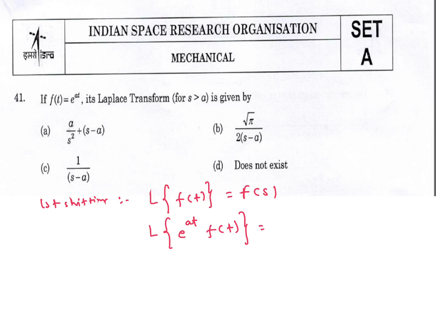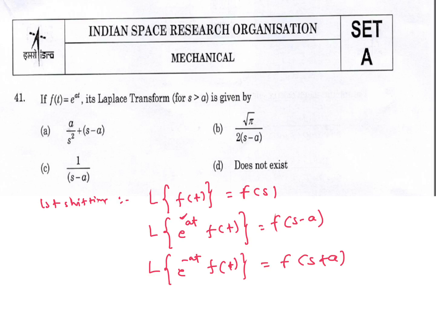will become, if a is positive, F of s minus a. If a is negative, e to the power minus at f of t, then you will get F of s plus a. Here f of t is 1.